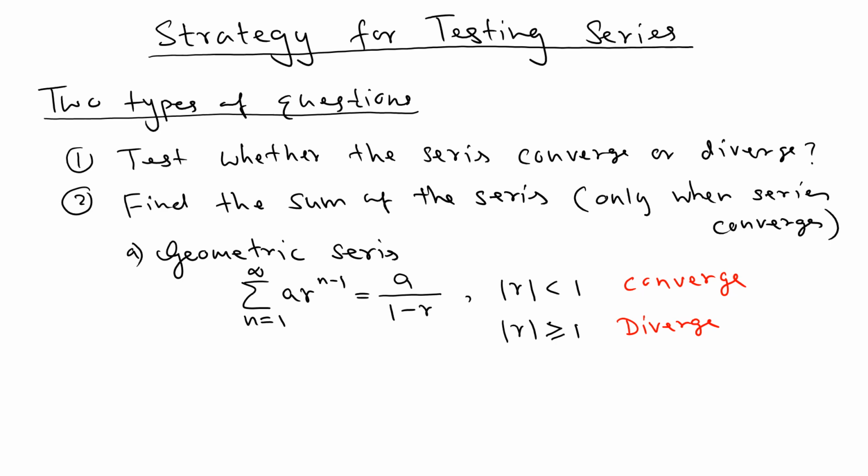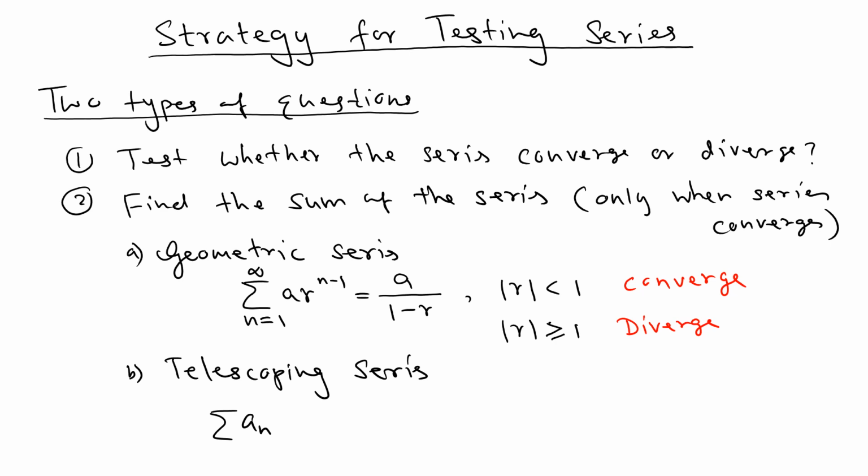The other type is if the series is telescoping. If the series is a telescoping series, then we can also find the sum. Let's say you have a series sigma a_n; the index can be any letter you want.